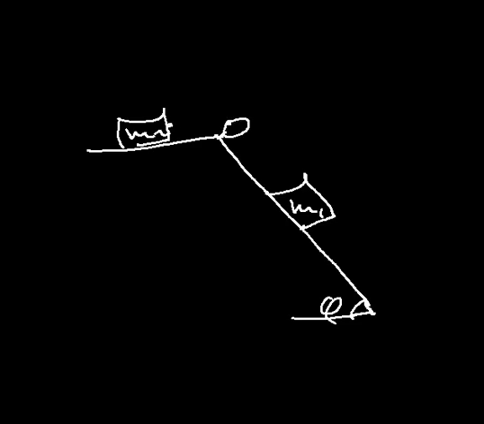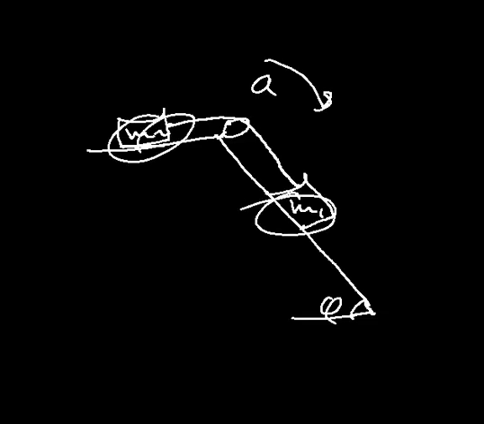The two objects are connected by a massless string. Of course, that is the case. Let's say both surfaces are rough, and the whole system is moving towards this direction. So how do you get the expression for the acceleration if we consider the kinetic friction forces?